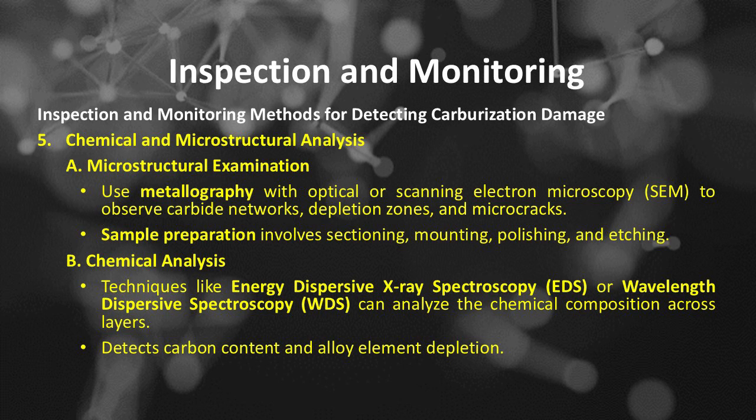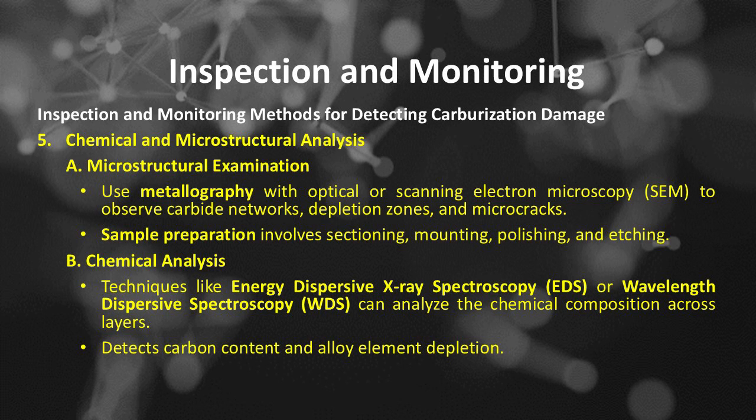Number 5 of inspection and monitoring methods for detecting carburization damage is chemical and microstructural analysis. Includes, number A, microstructural examination. Use metallography with optical or scanning electron microscopy, or SEM, to observe carbide networks, depletion zones, and microcracks. Sample preparation involves sectioning, mounting, polishing, and etching. Number B, chemical analysis.